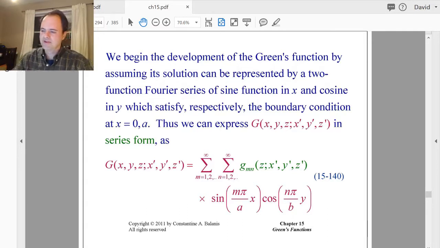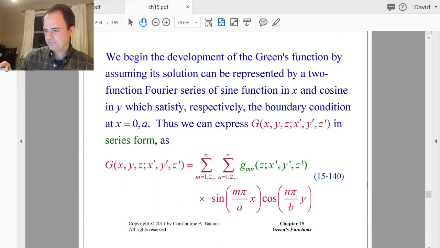To begin the development of the Green's function, we assume its solution can be represented by a two-dimensional Fourier series, both the sine function in x and the cosine in y.